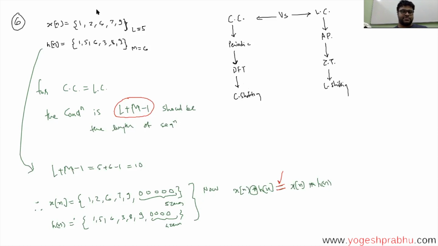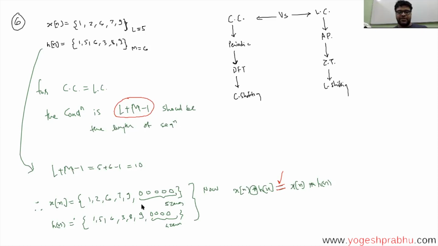So at this point, we have the padding for both x of n and h of n. You don't have to worry about what x of n and h of n represent in this question, because the question is asking how many zeros you need.